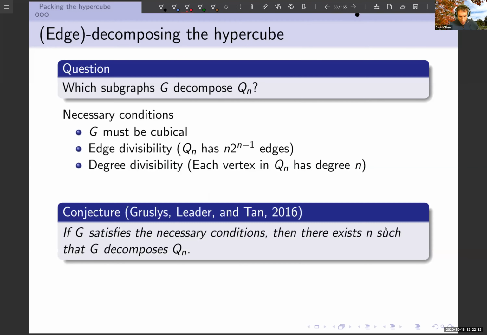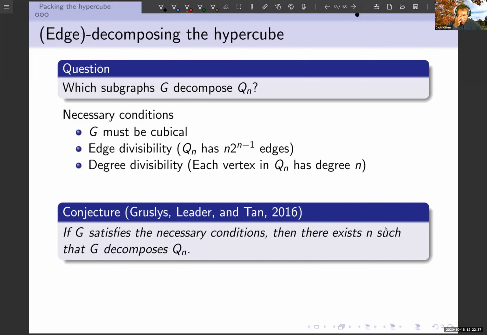In 2016, Grusless, Leader, and Tan conjectured that if G satisfies these necessary conditions, then there exists N such that G decomposes Qn. I'm about to tell you this is wrong, but it seems like it should be right.